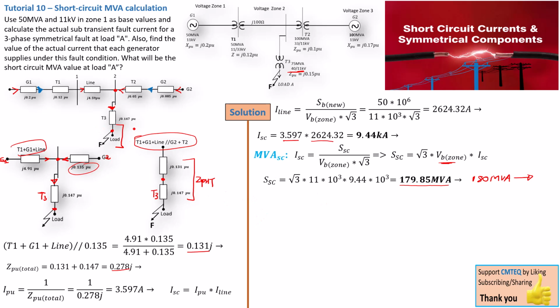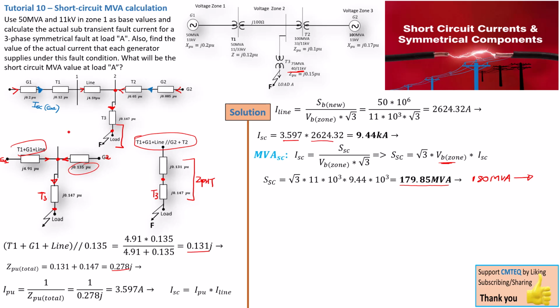So in order to find the I short circuit for generator 1, we need the per unit of generator 1, so that we can find the I per unit of generator 1, and then also deduce the line current coming out of the generator, and that is going to give us the value of the short circuit coming out of generator 1.